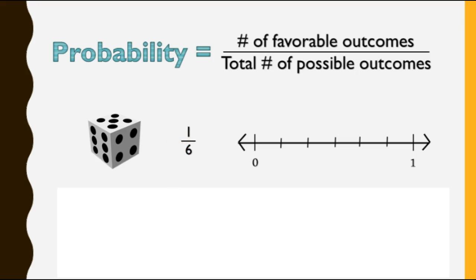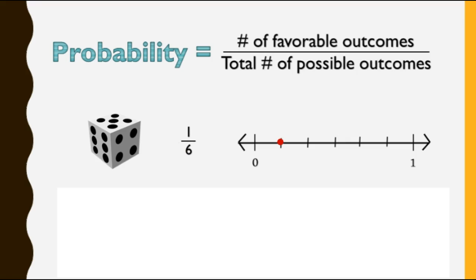And then I can plot this on a number line by just counting one of the 6 spaces.